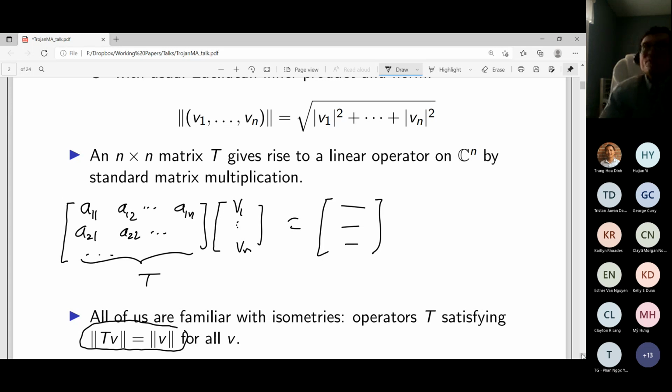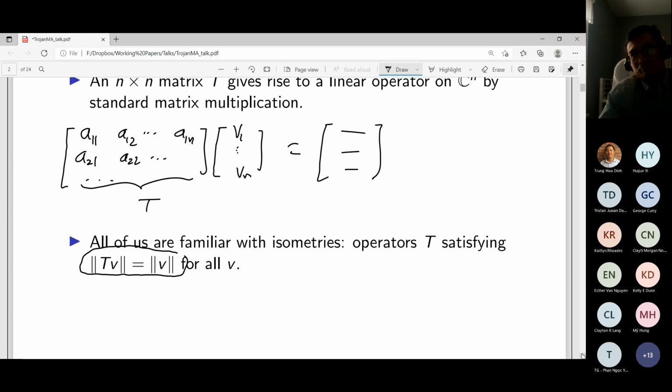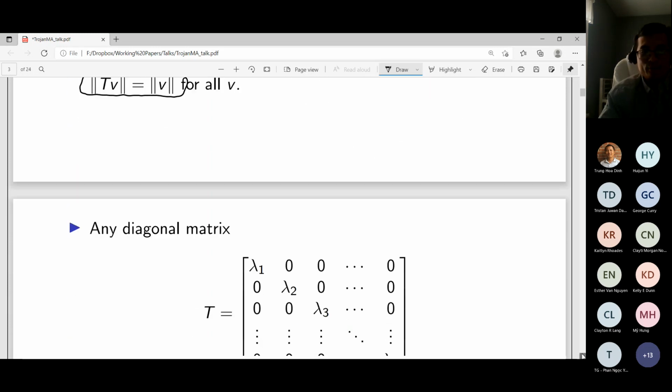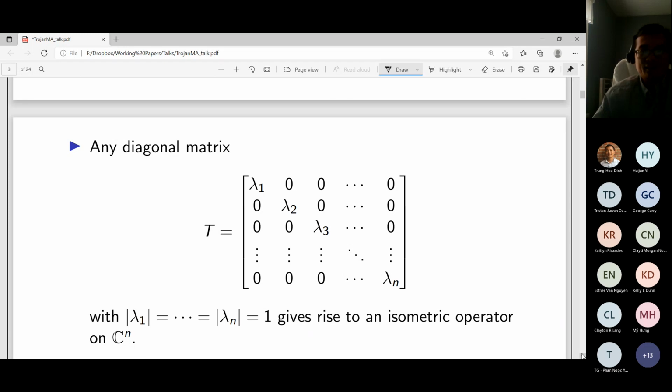So what are examples of isometries? From linear algebra, we have something like this: any diagonal matrix where the entries on the diagonal have absolute value 1. Whenever we have such a matrix, then T gives us an isometric operator, an isometry.